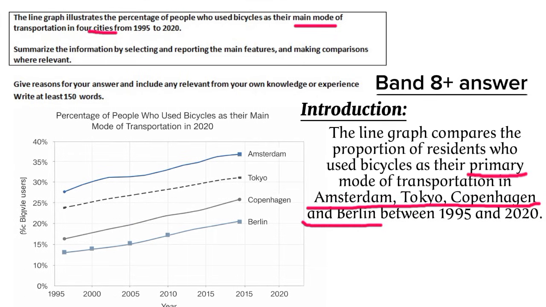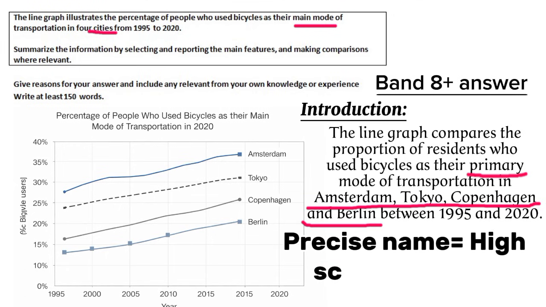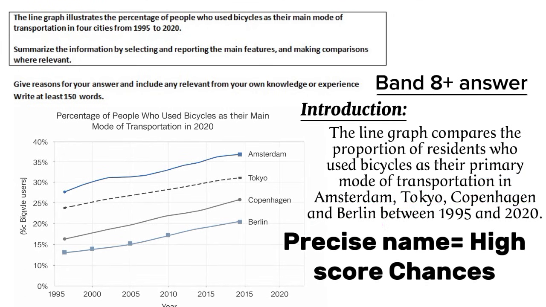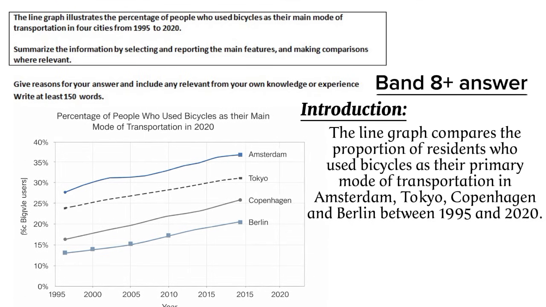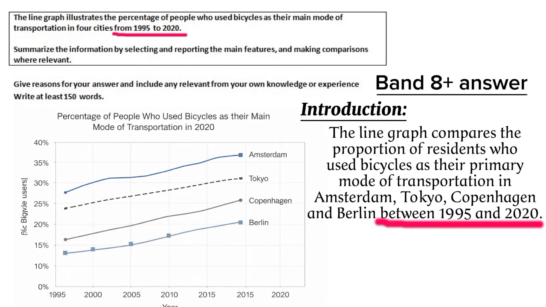It's a very good technique to give the names, as you should be very specific when introducing the graph. So, always try to list countries in your introduction of Task 1. Finally, we have a time period, which you should always give when it's possible. So, I changed the phrase from 1995 to 2020 into between 1995 and 2020.